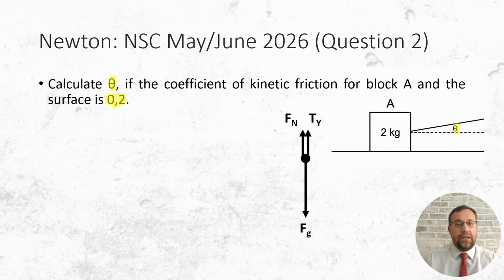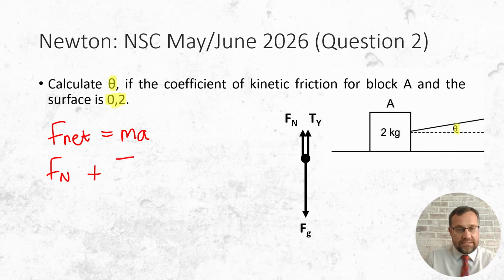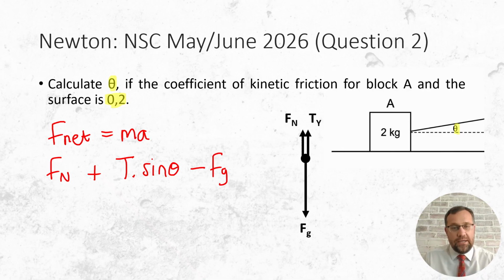We can now apply Newton's second law. F net equals ma. In the vertical direction, the net force will be equal to Fn plus the vertical component of tension T, so that is T times sine theta, minus the weight, minus Fg, and that will be equal to the mass, which is 2, times the acceleration, which is 0, because block A has no vertical acceleration.